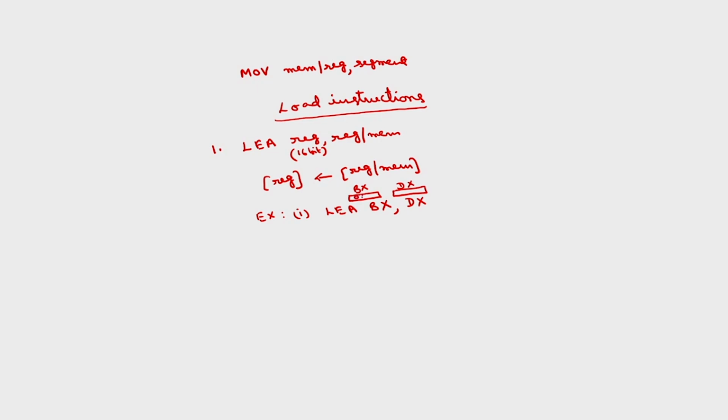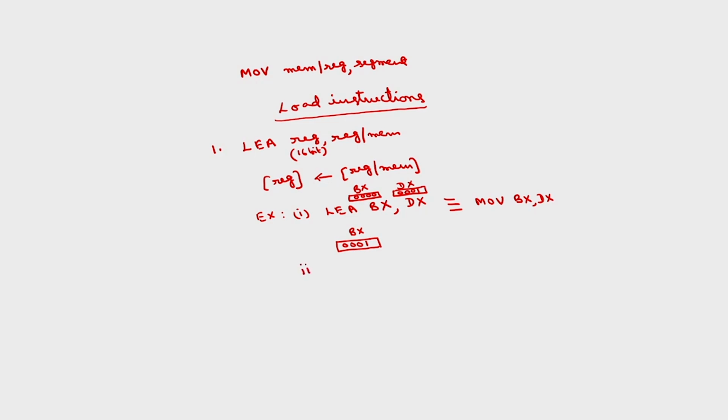Say BX is 0000, this is 0001 say. So, simply BX will be loaded with 0001. This instruction is equivalent to MOV BX comma DX. So, the difference here is, if you have the memory location to register, then there is some difference.